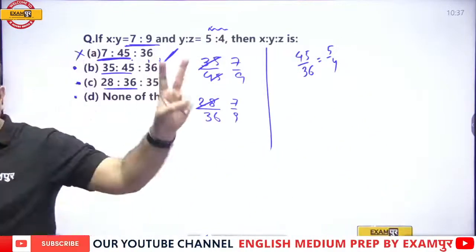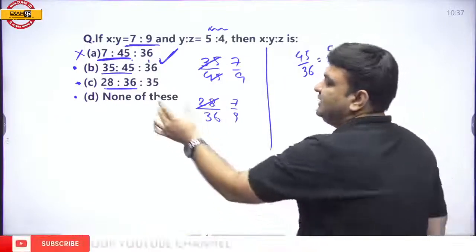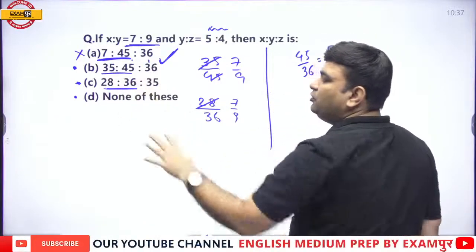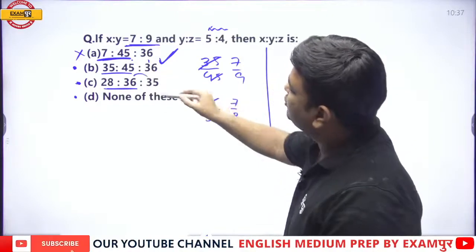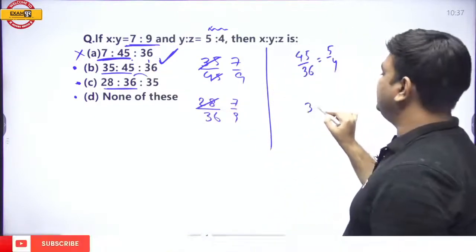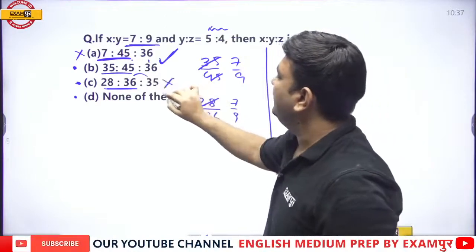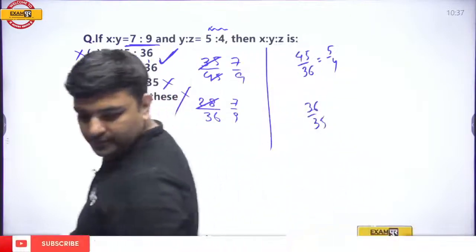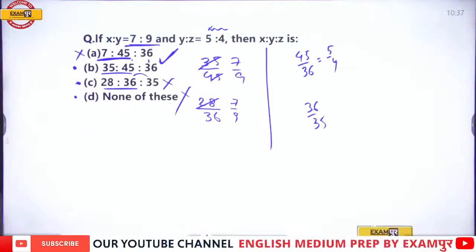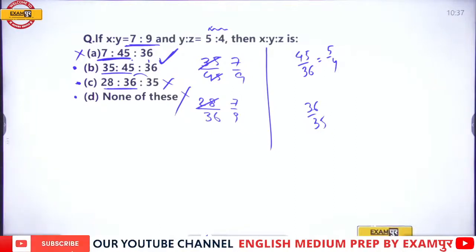If there are only two conditions and both are satisfied over here, then you need to check the other two. 36/35 is this only. It is not 4/5, gone. And if both conditions are satisfied, then none of these is also gone. Is it clear? Come on, tell me.